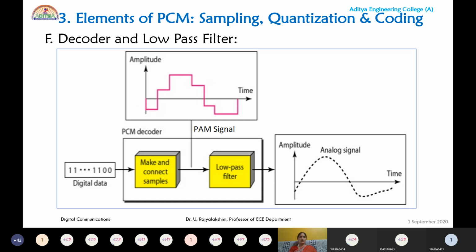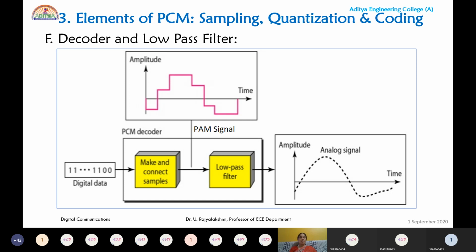Like that, the decoder converts the binary sequence into analog voltage, holding the same voltage until the next sample arrives.